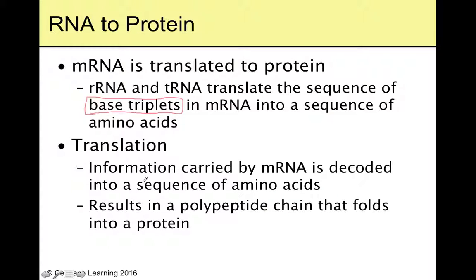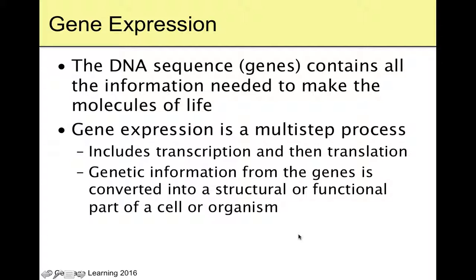So when it comes time for actually translating this information, we're going to carry that mRNA outside of the nucleus, and it's going to be turned into a sequence of amino acids, which are the building blocks of proteins. Results in a polypeptide chain. Our polypeptide chain is probably like secondary, maybe tertiary structure of protein, and that will actually fold into a protein, probably with the help of some other proteins, but that's what it's going to do.